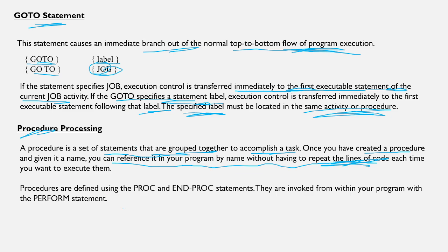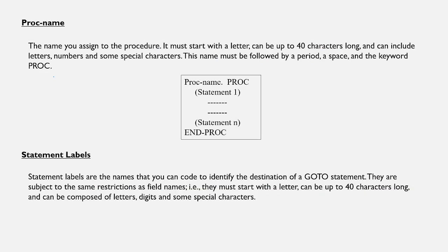And how is a procedure defined? Using the PROC and END-PROC statements. They are invoked from within your program with the PERFORM keyword. So we use the PERFORM keyword to invoke the proc. Proc-name is the name you assign to the procedure.